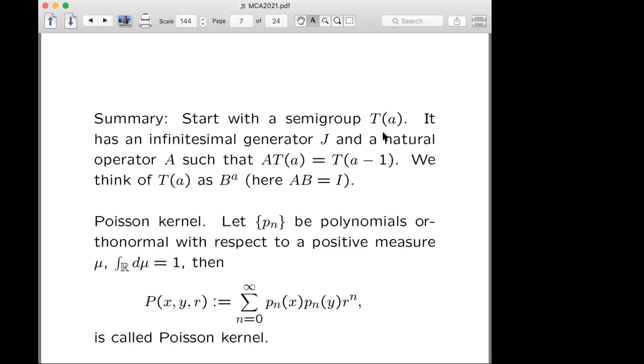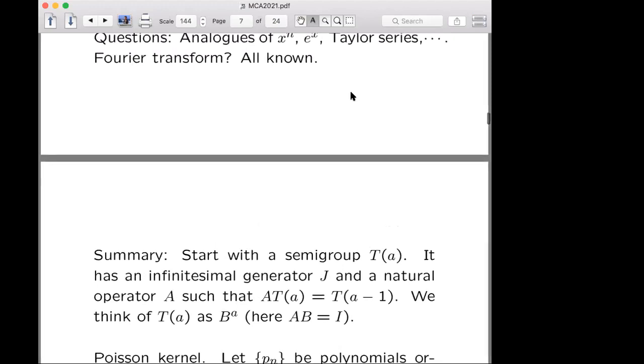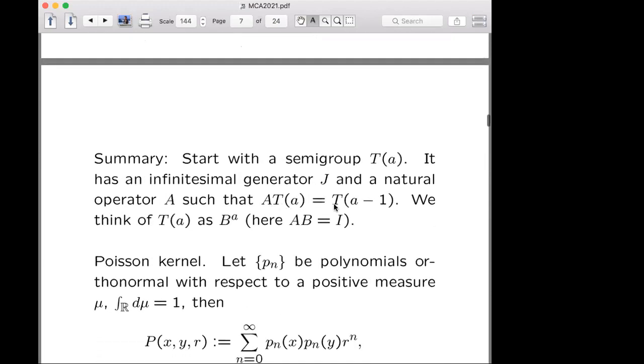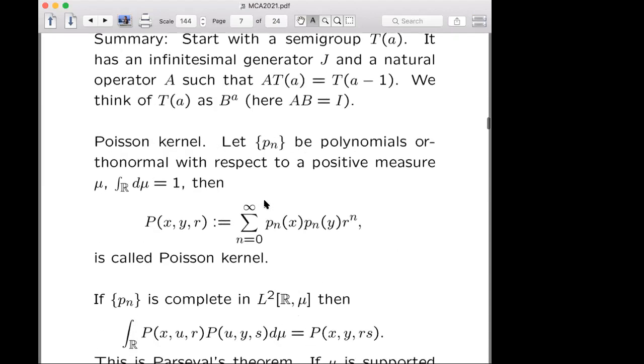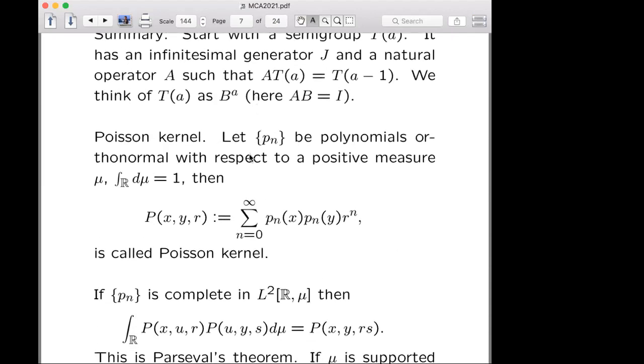Now, what I want to do is construct this TA for the Askey-Wilson operator in such a way that this happens when this operator here is an Askey-Wilson operator. All right, so the way to do that is through the Poisson kernels.